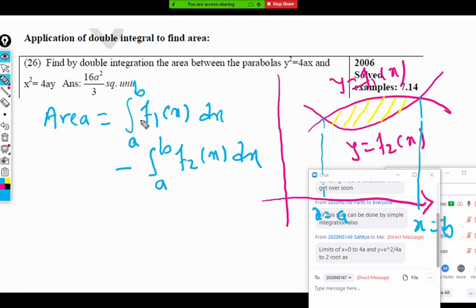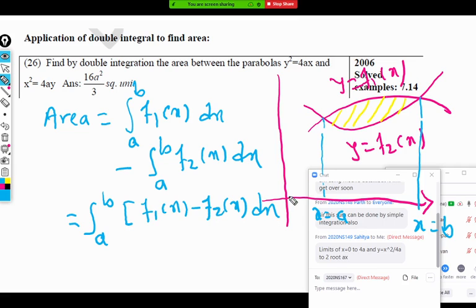But this same calculation can be converted into a double integration formula also. First, we take a to b as the same limits, so that is the integral, and we get f1(x) minus f2(x) dx. Because you observed that for f1 and f2 the limits are the same, so we can do that.